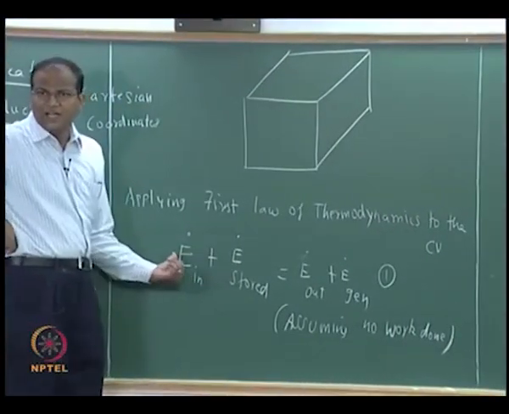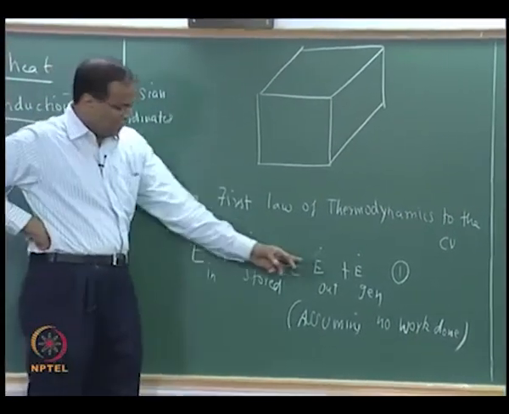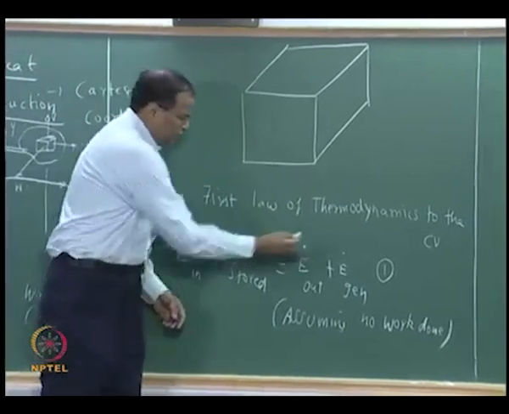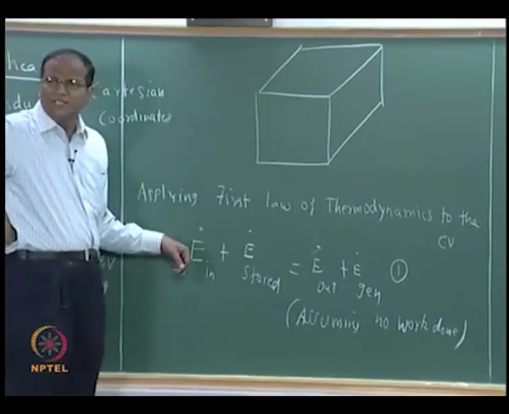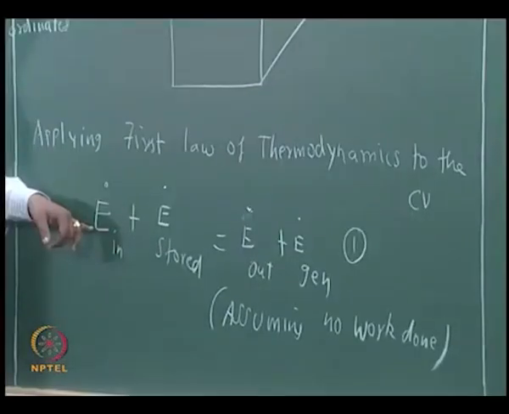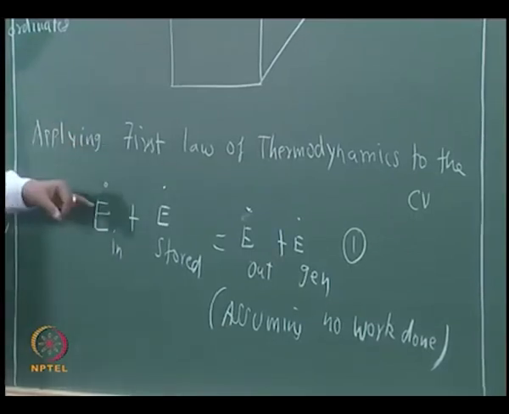okay. E dot in is the energy which is coming in, E dot out is the energy which is going out. The energy which is coming in need not be just because of conduction, the body is moving, it can also be because of advection, okay. So there is an incoming energy.